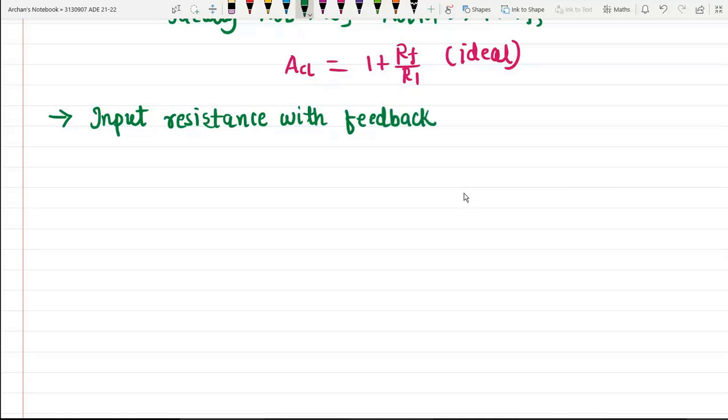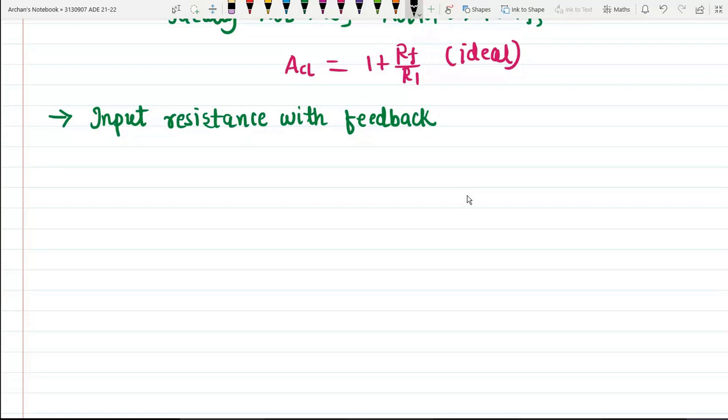To analyze the effect of feedback on the input resistance, let us obtain the non-inverting amplifier circuit using the equivalent circuit of the op amp, just as we did for the inverting amplifier. We will draw the equivalent circuit of the operational amplifier, and then derive the equation of input resistance.